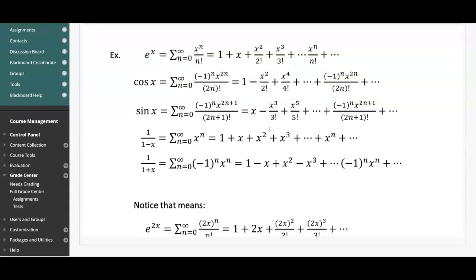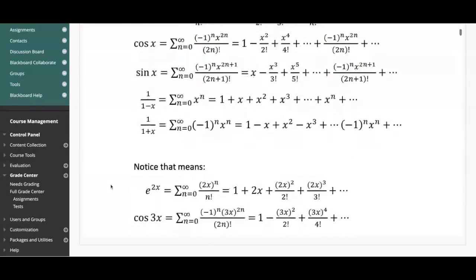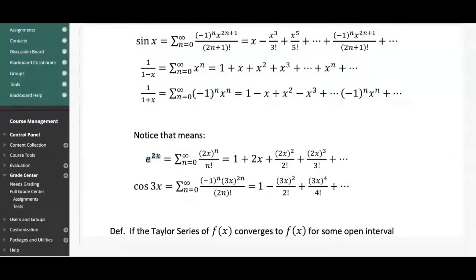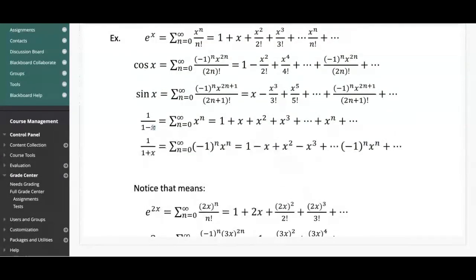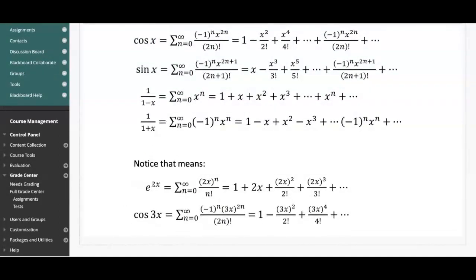So this is from our Calculus 2 course, right? Just a review. If anyone has any question, feel free to stop me at any time. Now let's see e to the 2x. Again, this x here is just a placeholder. It can be any mathematical expression. So in this example, x is now 2x. What do we do?